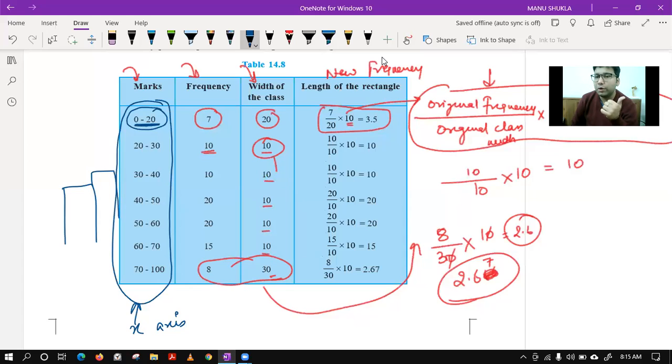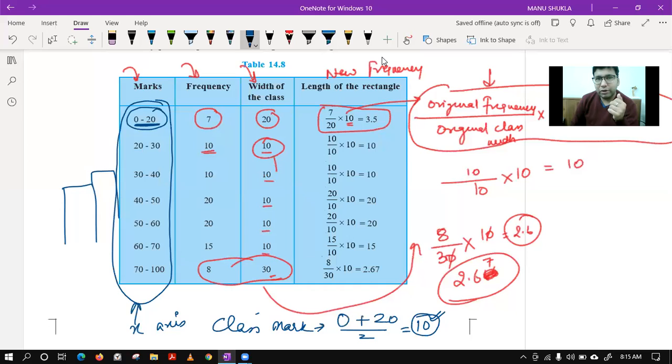So yesterday we discussed there is a concept known as class marks that we have to find. What is class mark? Class mark is actually the midpoint of this range, and we find it like this: 0, that is the lower limit, plus 20, that is the upper limit, upon 2. So we can represent this complete class by a single value, that is 10.